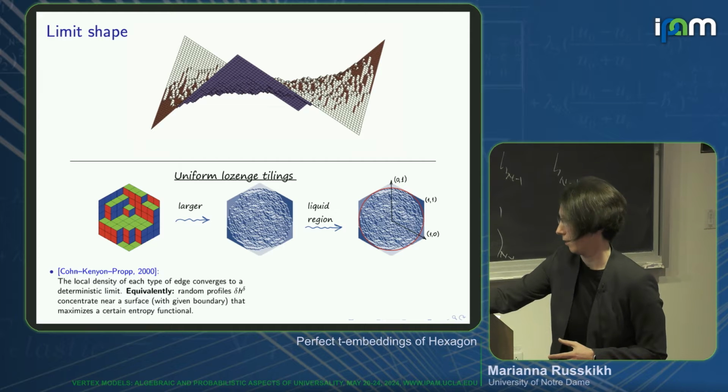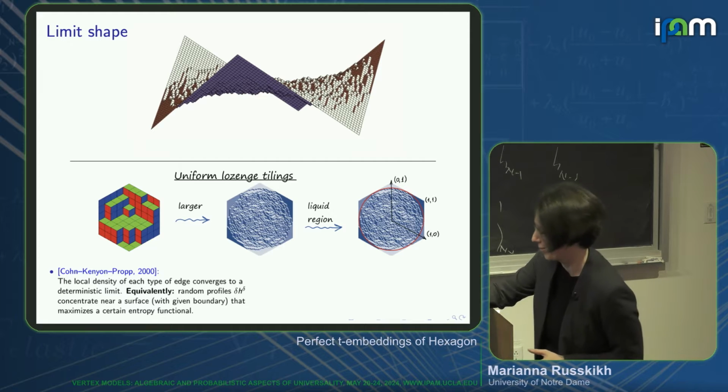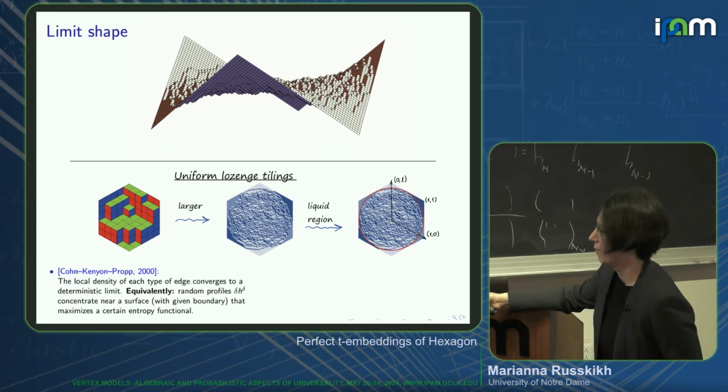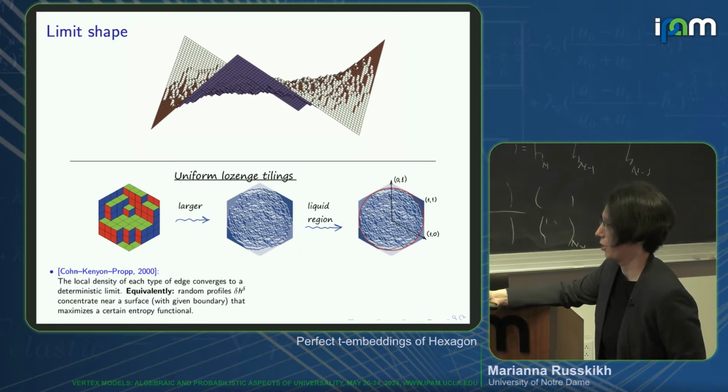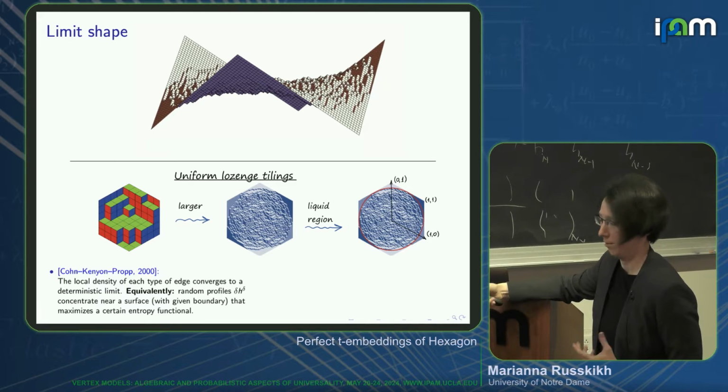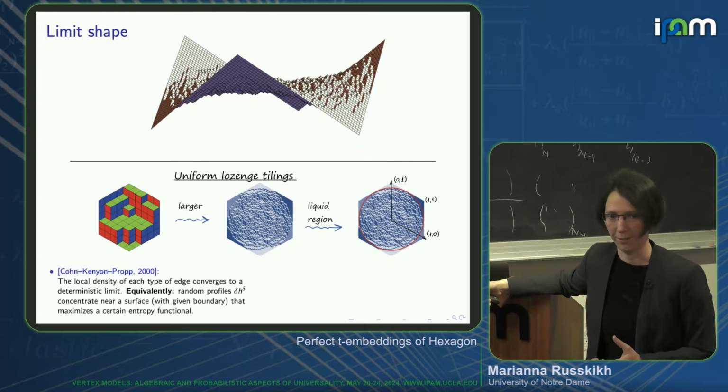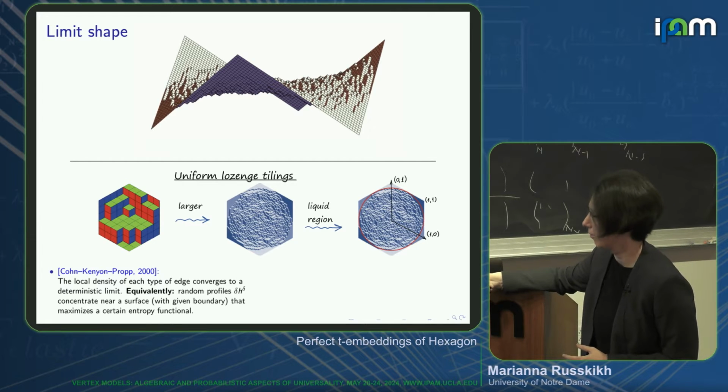It was mentioned during the first talk that there is the variational principle, and there is a hard question of how to identify this surface in general. It is known in the case of the hexagon, so we know the limit shape.